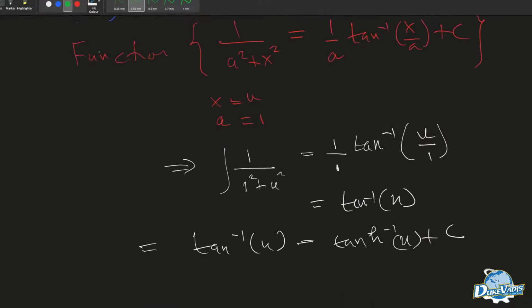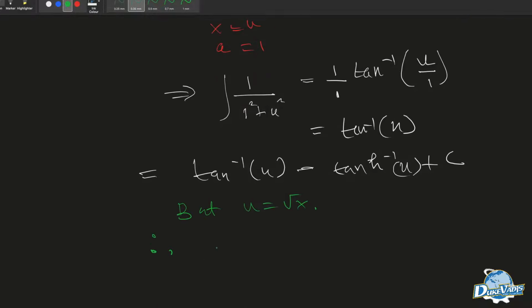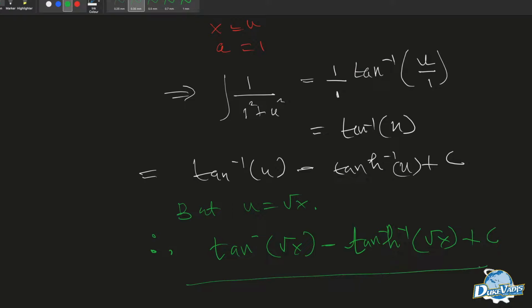So u is equal to square root of x. So therefore, the integral will be tan inverse of root x minus tan inverse of root x plus c. So that is the final answer. You see, this is the final answer.